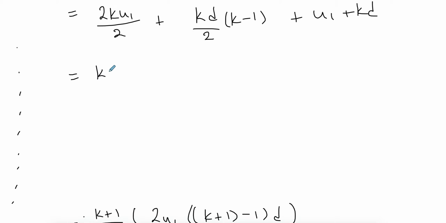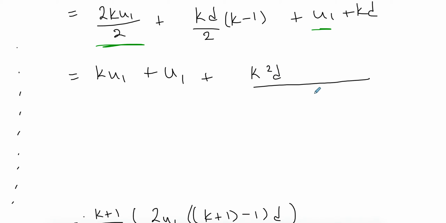This will simplify to ku1 plus, I'm just going to collect the like terms together, the u1 terms together, and then this will be k squared d over 2, and this is minus kd.